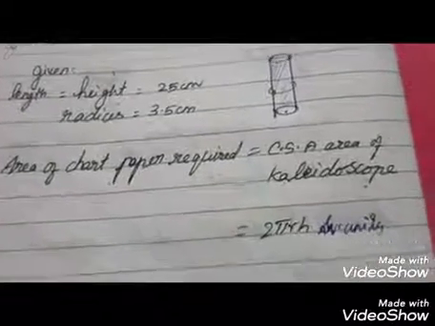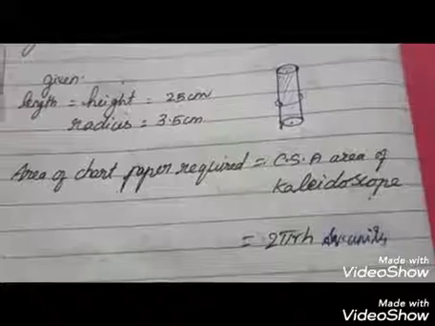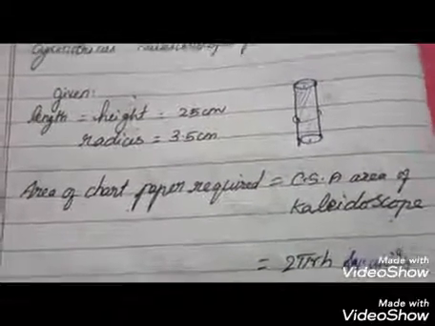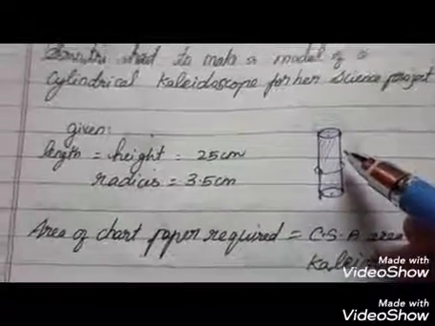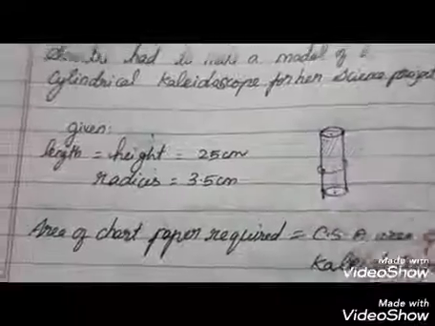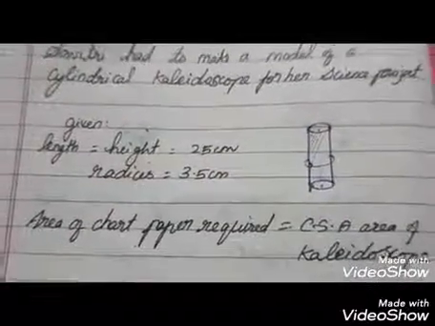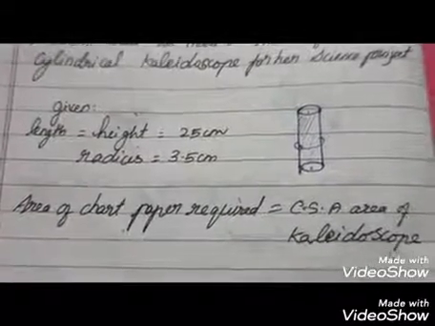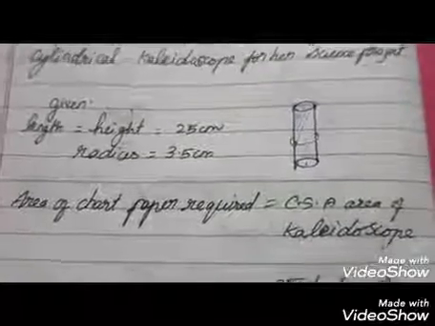Now we need to know the radius and the height of the kaleidoscope. Here they have given the values. In the question they gave the length of the kaleidoscope, and length in a cylinder we take as height. So length equals height equals 25 centimeter, and radius equals 3.5 centimeter.